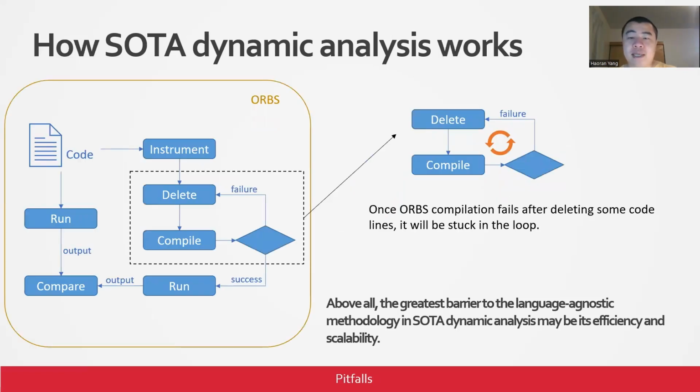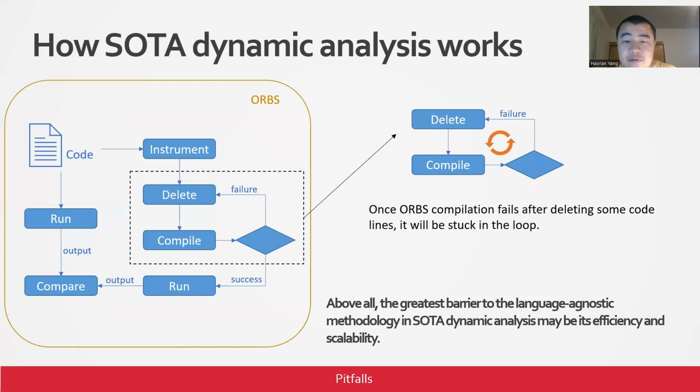Now, let's see how ORPS works. First, it instruments at the given query. Second, ORPS tries to delete one or more lines in the source code. Third, ORPS needs to compile the whole project after deletion.